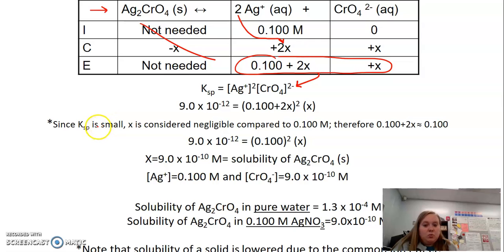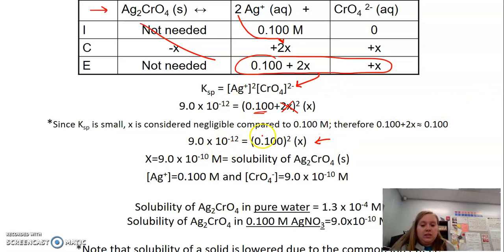So since the KSP is so small, remember that if you have KSP values that are times 10 to the -4th or smaller, we can make the assumption that the value of x is a lot smaller than this initial 0.1, and so that allows us to just get rid of this whole part, to make the math a little bit easier. So we consider that x is negligible in comparison to the 0.1 initial concentration, and so we can just say that 0.1 plus 2x is essentially equal to 0.1. So then that gives us this new equilibrium expression that's a little bit easier with our math.